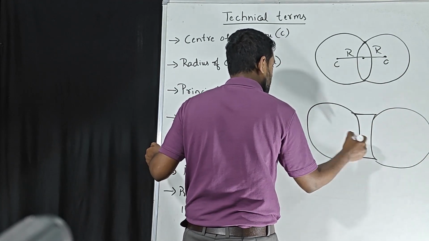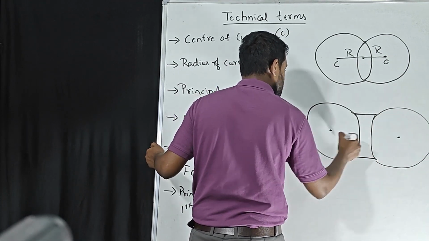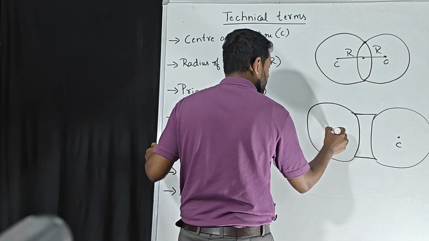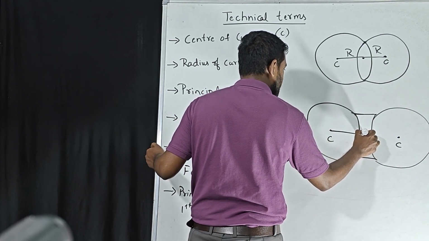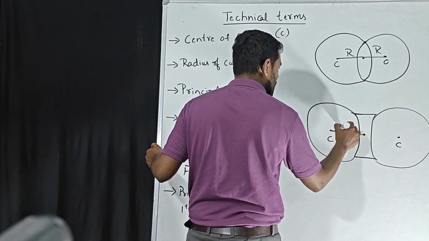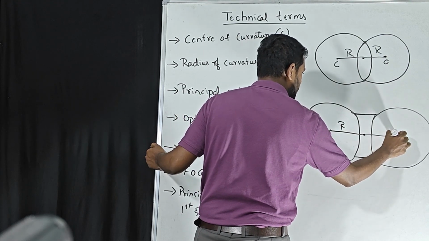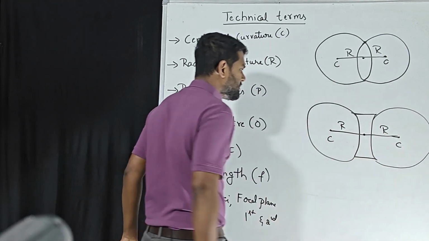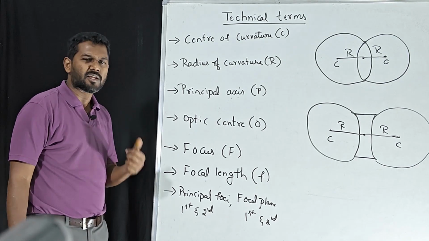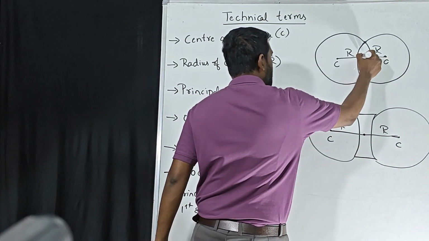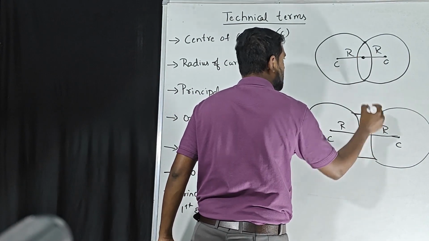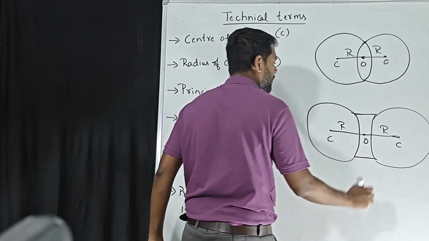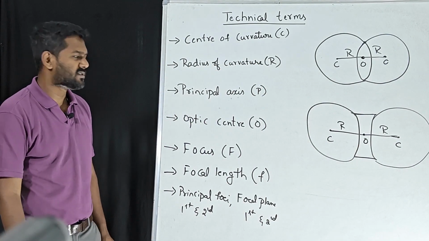Like this, the center is C, then from the center to the center of the lens is called the radius of curvature. That's it. Next, optic center: the center of the lens, for both lenses, is called the optic center.